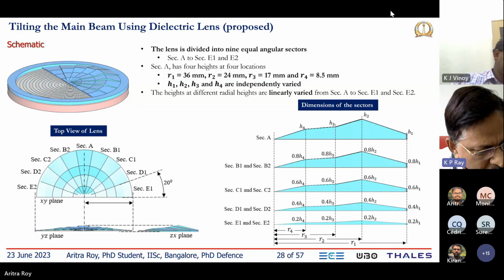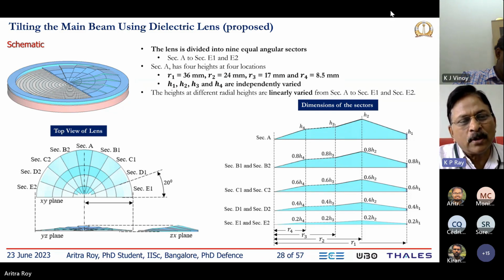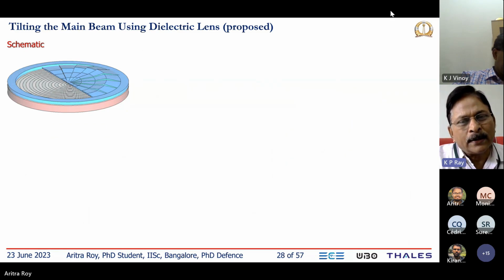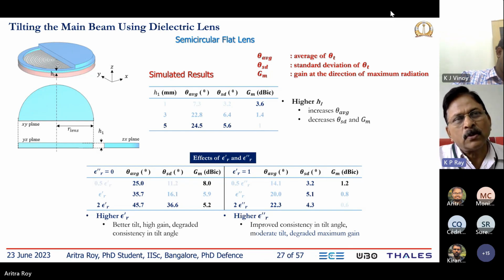You also mentioned that the real part of the dielectric constant was responsible for beam tilt, and that the imaginary part was giving you flat beam tilt, I mean that radiation, that amplitude. So what is the basic physics behind that?